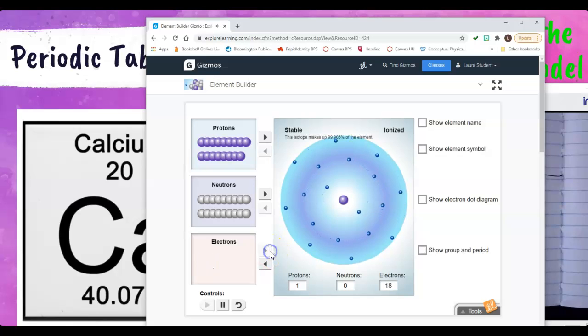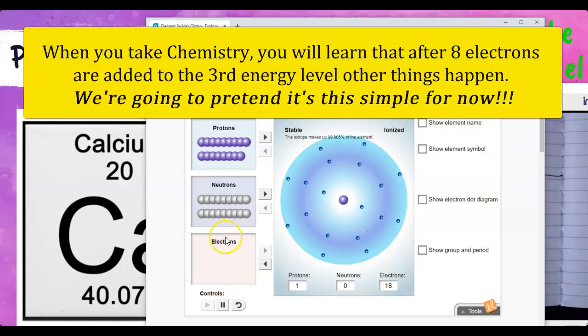If I put them all in, you can see that they all go into the outer one. If I had more electrons, they would still continue to go into that third energy level, because it turns out the third energy level can actually hold twice as many electrons as the second one. So the third energy level can hold 16 electrons.